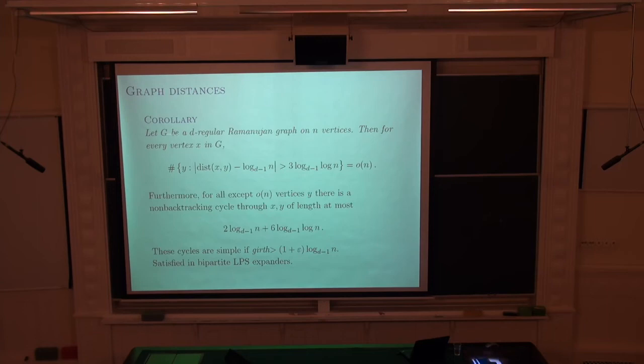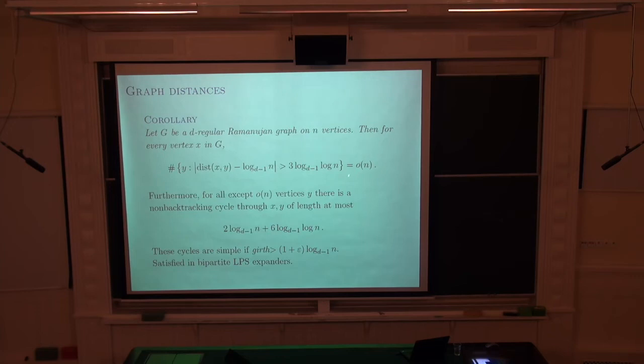Let me mention, since I talked about graph distances, we have an extension. So we can describe what are the graph distances for most vertices. Take a Ramanujan graph, fix a vertex x in G, and count how many y's have distance different from log base d minus 1 of n.